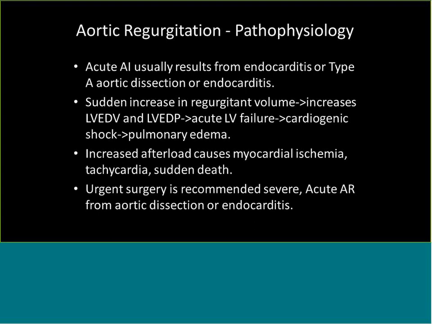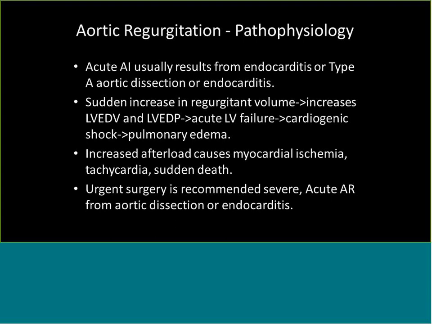So they develop acute left ventricular failure. This leads to cardiogenic shock and pulmonary edema. These are high-risk patients for mortality. There's an increase in the afterload, and this causes myocardial ischemia, tachycardia, and sudden death. As left ventricular end diastolic pressure approaches aortic diastolic pressure, so the aorta is relaxing and the ventricle is stretched, there's really decreased coronary perfusion because the coronary is filling in diastole.